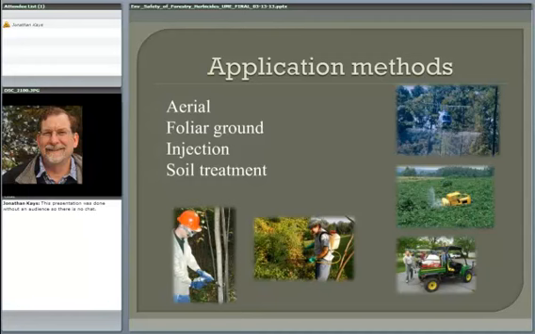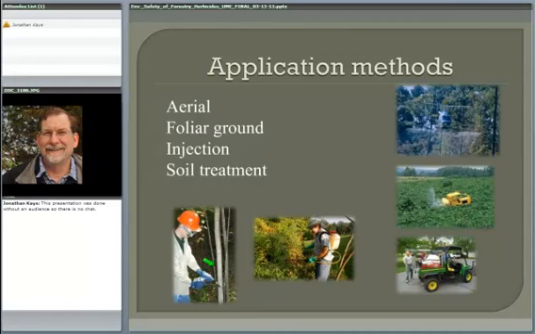Then injection, which is even more focused, where you see on the left here, using what's called a hack and squirt method, where you have an axe and you make a cut in the tree wood about every 3-4 inches in diameter, and you have a spray bottle which you spray the material in, 50% Roundup or Garlon or one of those types of things, and it gets taken down into the tree. And you do this in the fall, and will basically kill the tree and usually stop any types of sprouting.